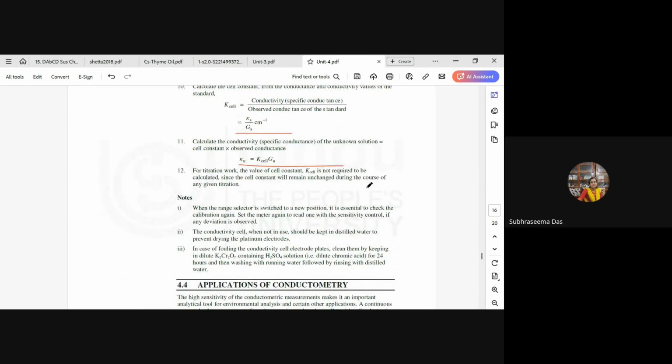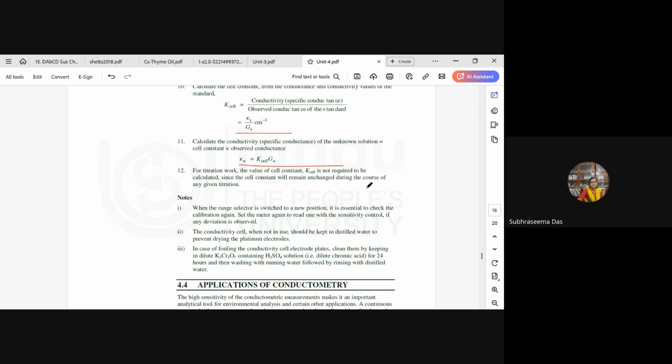When the range selector is switched to a new position, it is essential to check the calibration again. So we set the meter again to read 1 with the sensitivity control, if any deviation is observed. Now, the conductivity cell, when it is not in use, should be kept in distilled water to prevent the drying of the platinum electrodes.